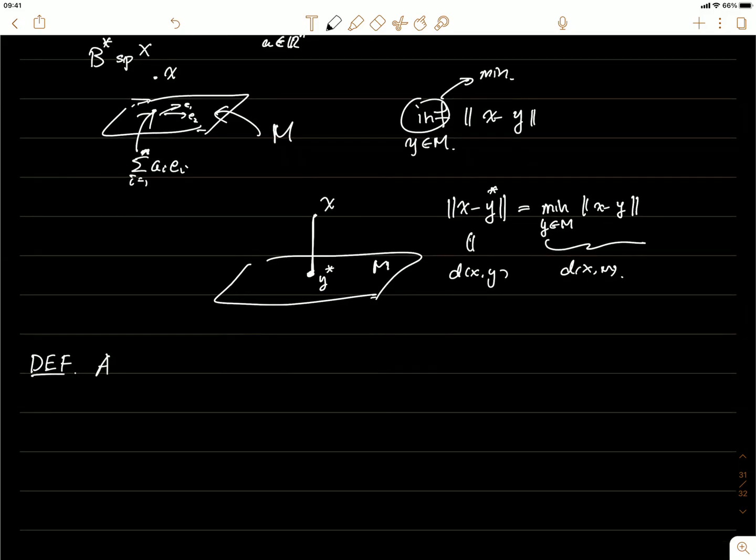So say we have a B star space X that has a norm.